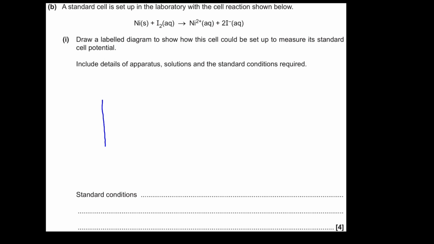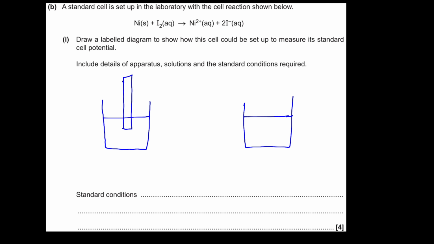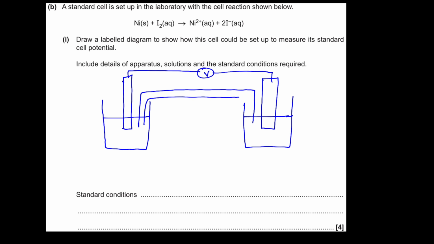So we have 2 half cells, each with electrolytes, and insert 2 solid electrodes, and the 2 electrodes are connected by a voltmeter, and the 2 electrolytes are connected by a salt bridge, and a salt bridge is a filter paper with potassium nitrate electrolyte.